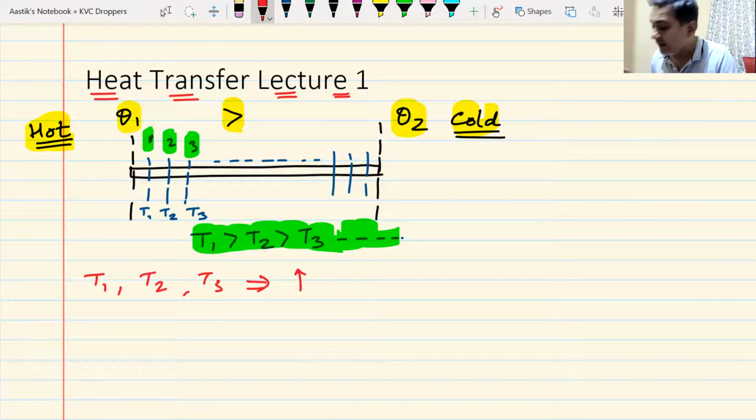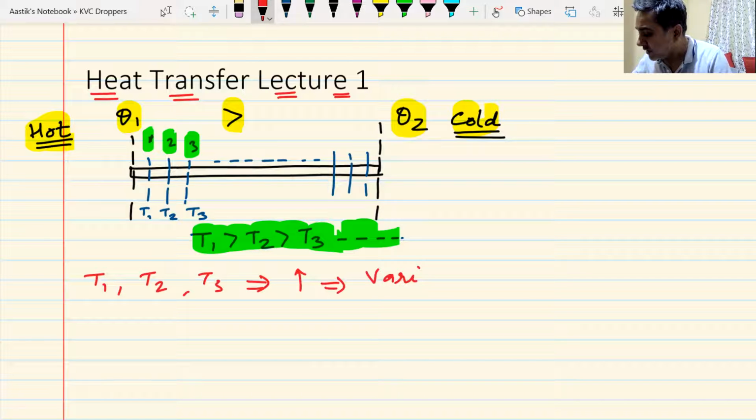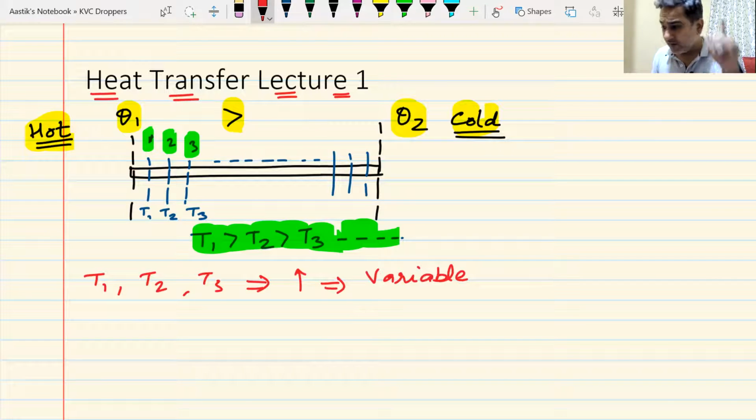That means different sections of the rod will be at different temperatures, but those temperatures will keep on increasing. This state is known as the variable state. Do we understand the variable state now? The temperatures of the different sections T1, T2, T3 and so on will keep on changing. This state is known as the variable state.